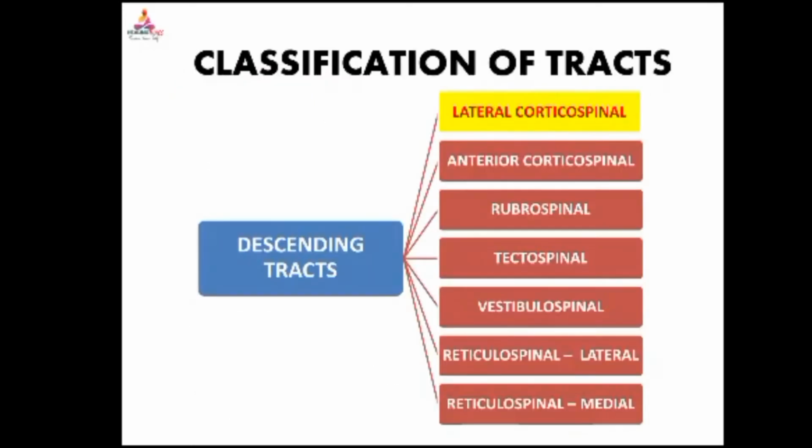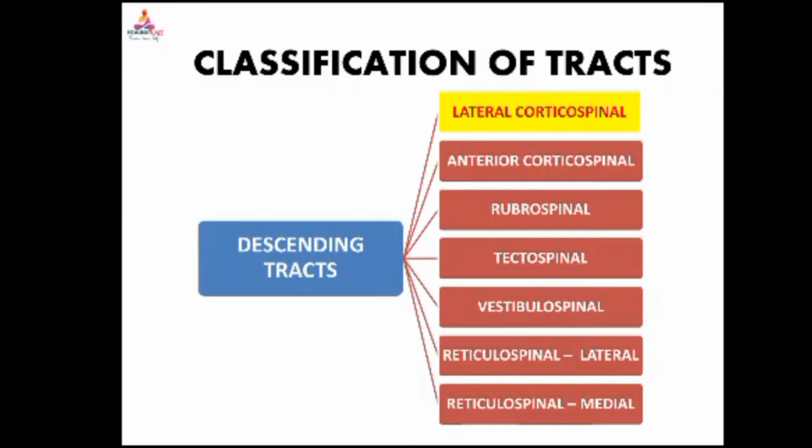Next is the corticospinal tract or pyramidal tract, which has two regions, lateral corticospinal and anterior corticospinal tract. The lateral corticospinal tract is located in the lateral white column of the spinal cord. Its origin is from the primary motor cortex area 4 and premotor cortex area 6 of the opposite cerebral hemisphere, that is the upper motor neuron.